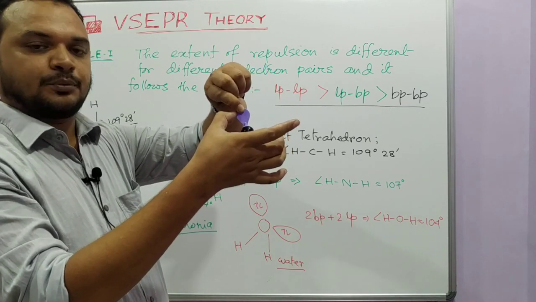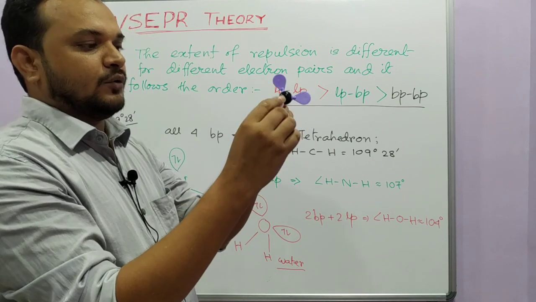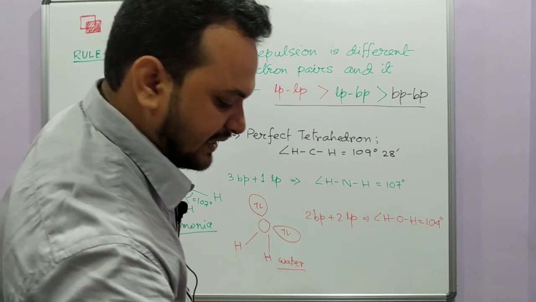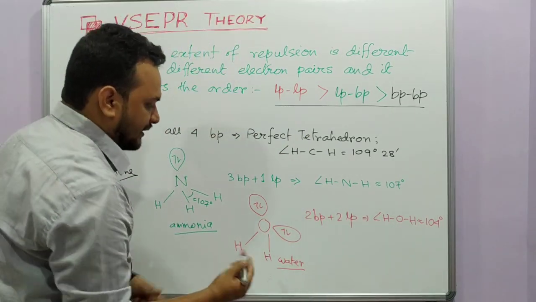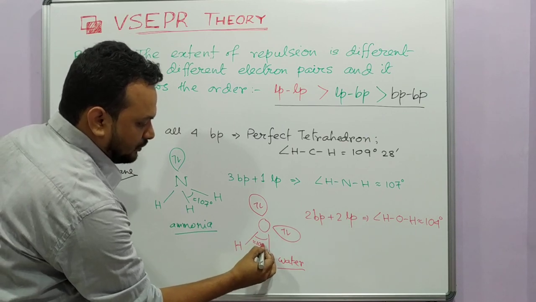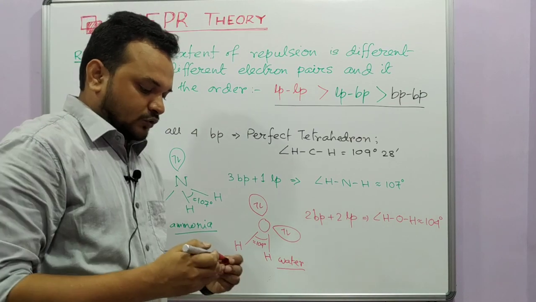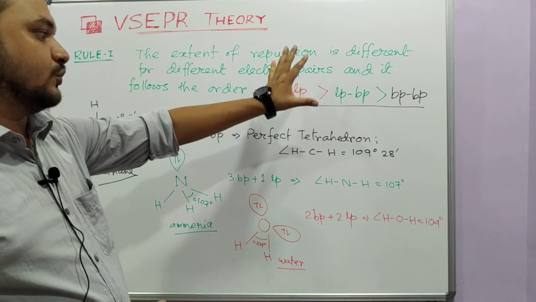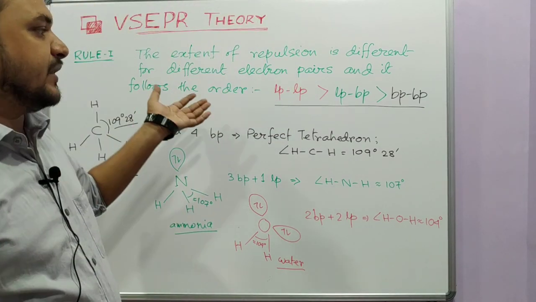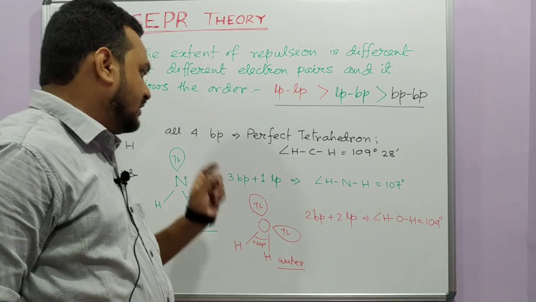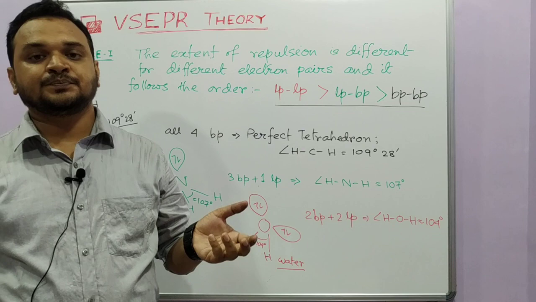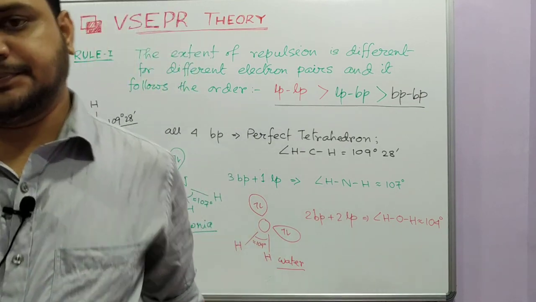So because of the presence of two lone pairs here, this bond will further bend and the bond angle will further decrease, and that's why in the water molecule the bond angle that is experimentally obtained is around 104 degree. So by applying the first rule, we can explain the experimental observation that the presence of a lone pair on the central atom of a molecule leads to deviation in geometry. It tries to decrease the bond angle.